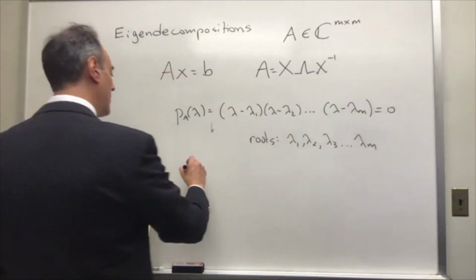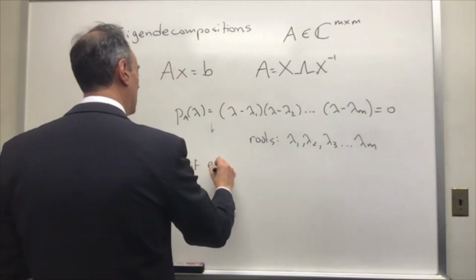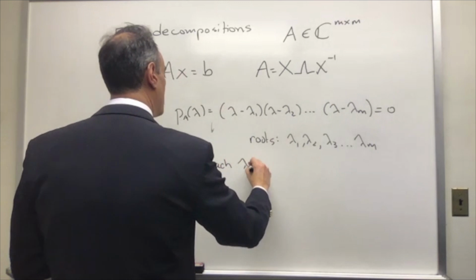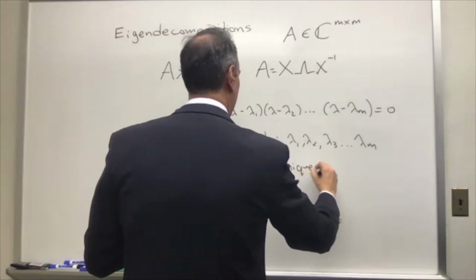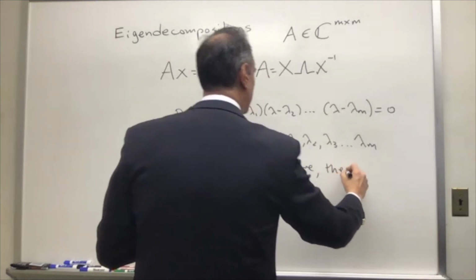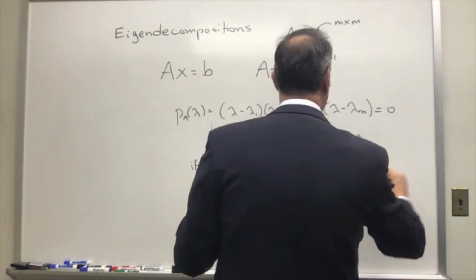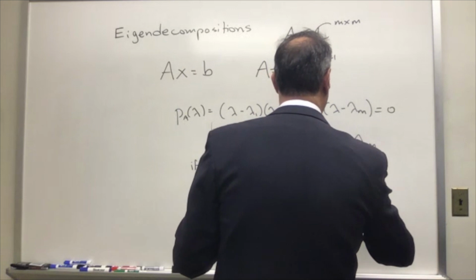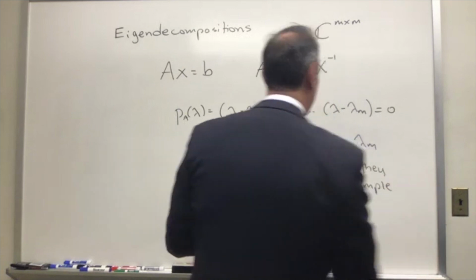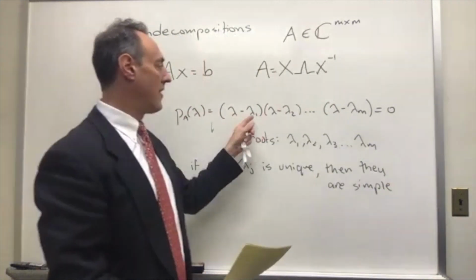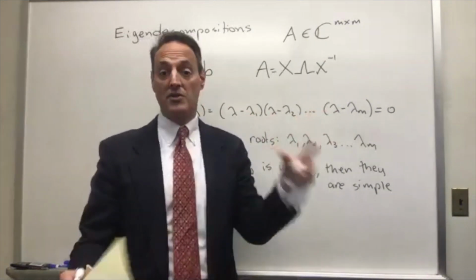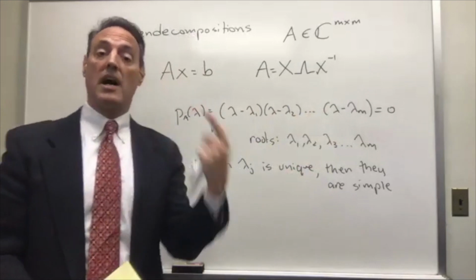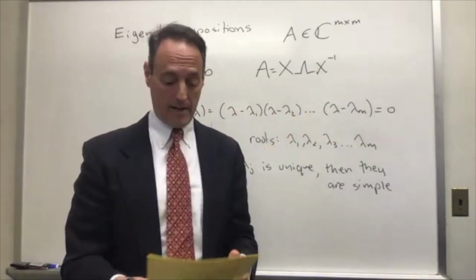If each lambda j is unique, then they are simple. So in other words, if I find lambda 1 through lambda m, and each one is different, then each one of those eigenvalues is called a simple eigenvalue.